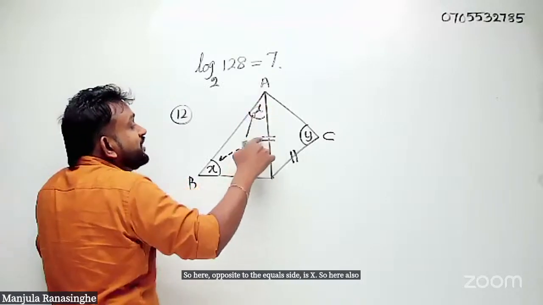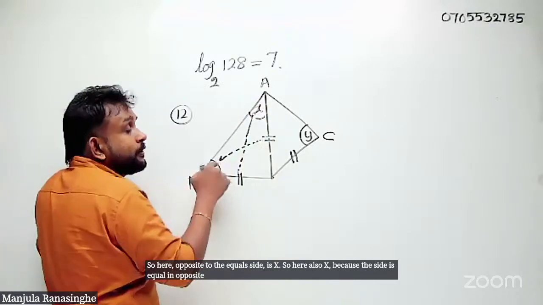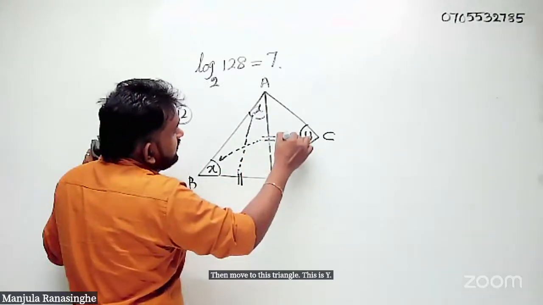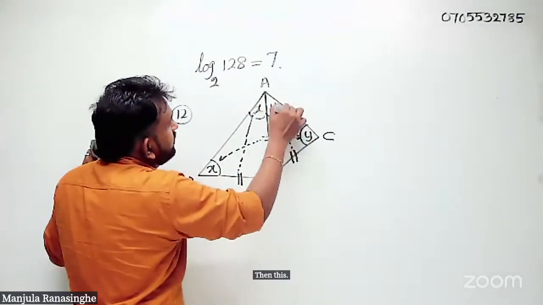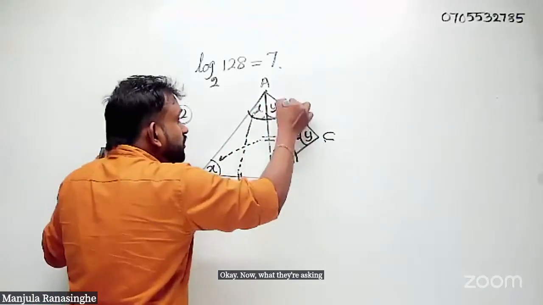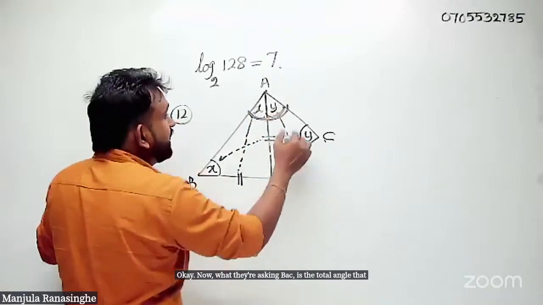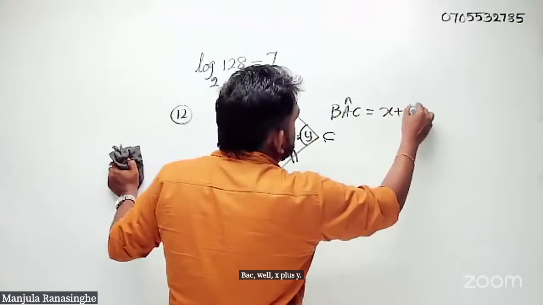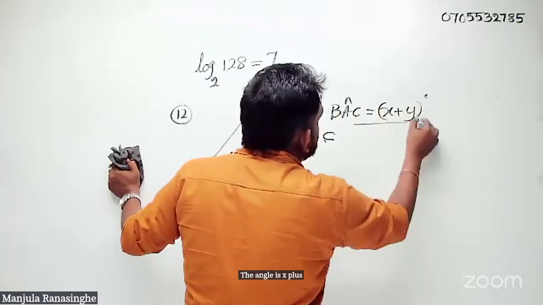Then move to this triangle, this is y, then this is also y. Now BAC is the total angle, that means x and y, so BAC equal x plus y. The angle is x plus y degrees.